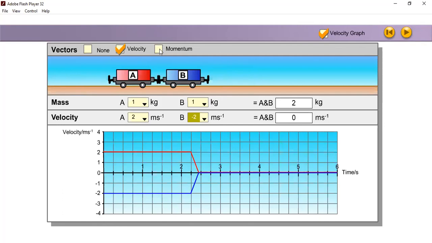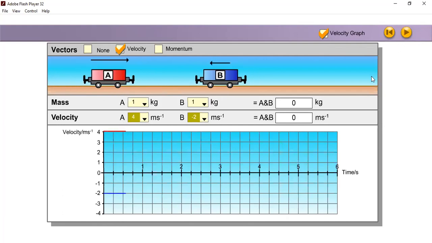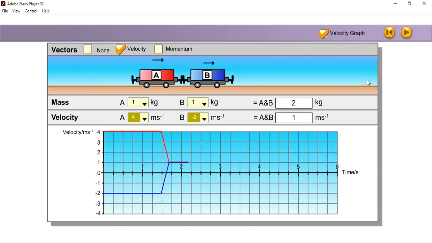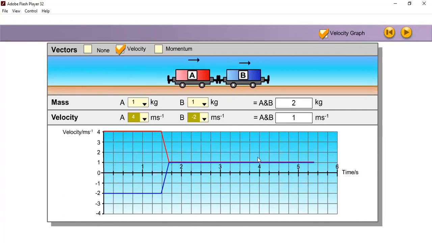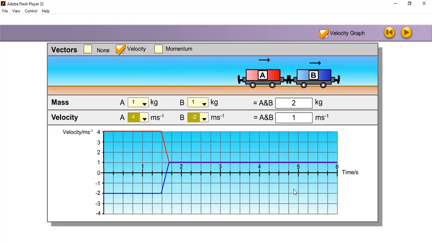How about if I make A move faster? A moves faster, that means after collision, both of them combine and move with a speed. Both of them move with the same speed. That means what type of collision is it?